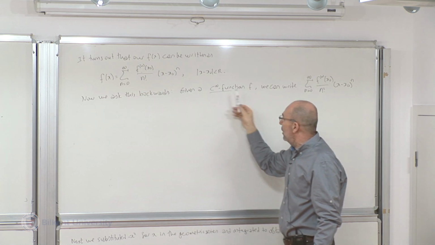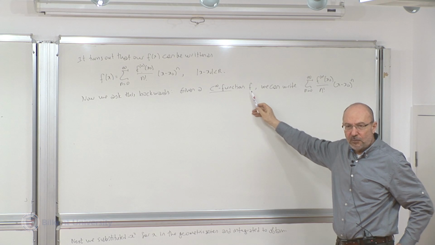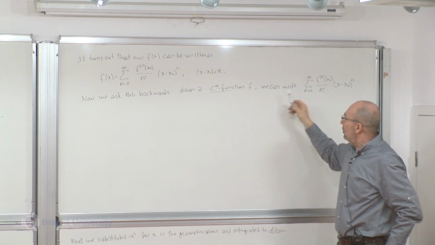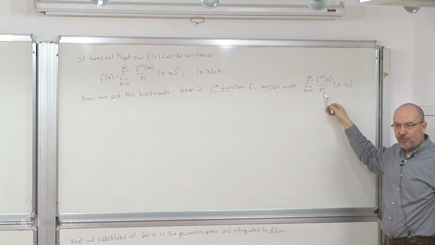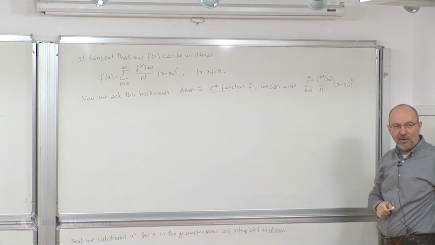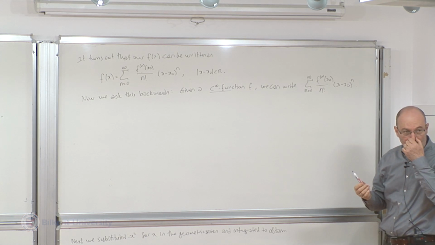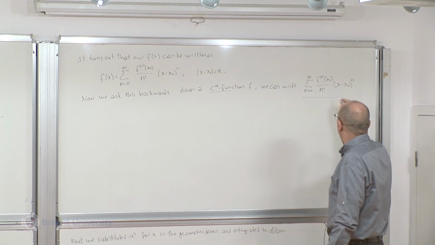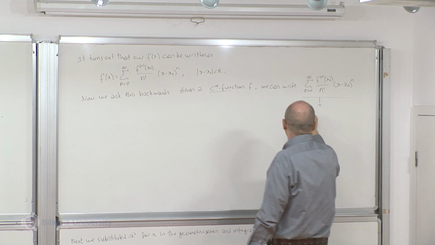Now I start with an arbitrary C infinity function. I don't know if it is equal to a power series, but I can write this power series. So this power series makes sense, and the function f makes sense. Do they agree? That's the question. First of all, does this converge?